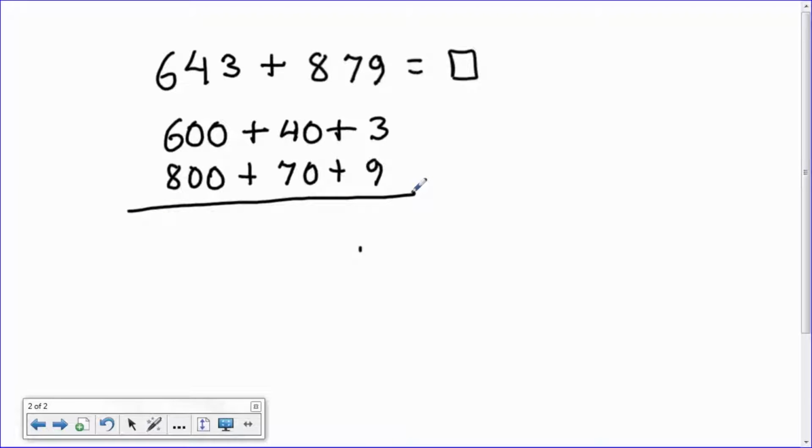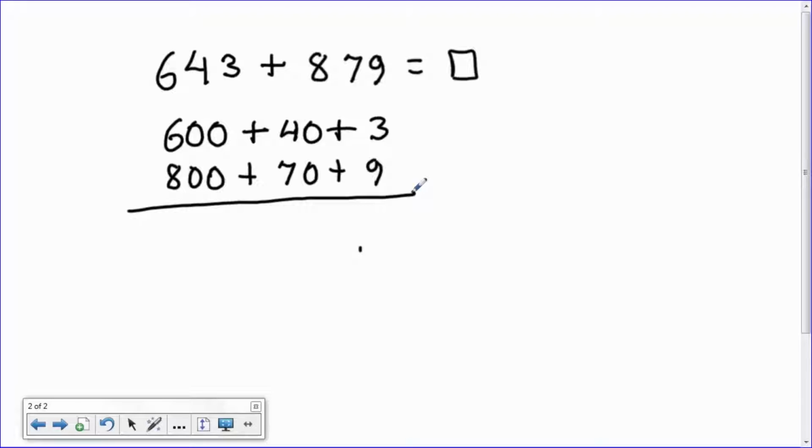And by decomposing 643 and 879 in the standard place value decomposition, what I've accomplished is this: I don't have to find 643 objects added to 879 objects all at one time. I can do it in several steps by splitting it up, decomposing it into what we call friendly numbers.